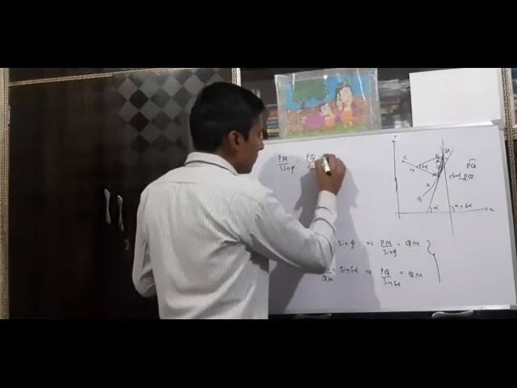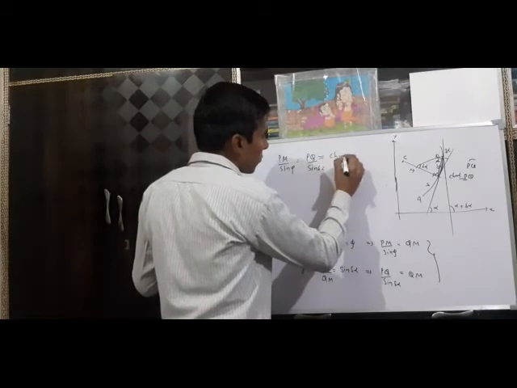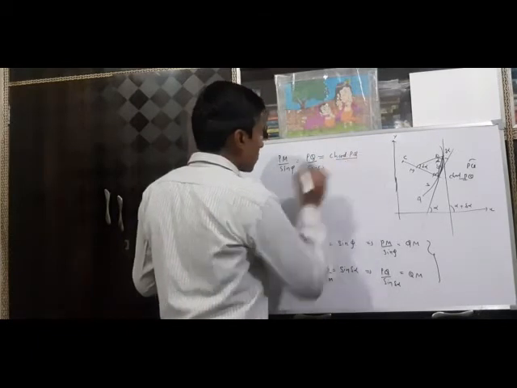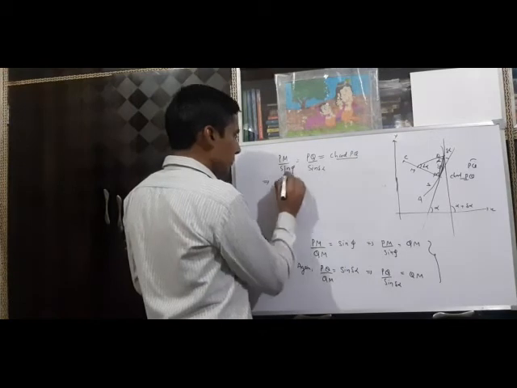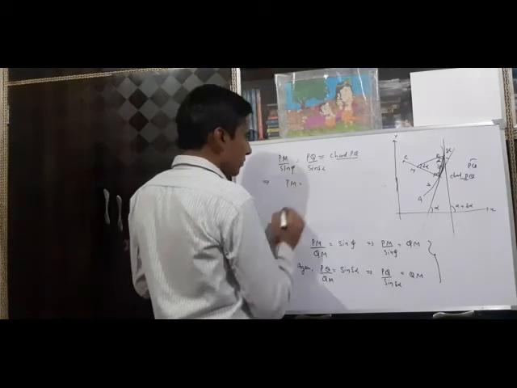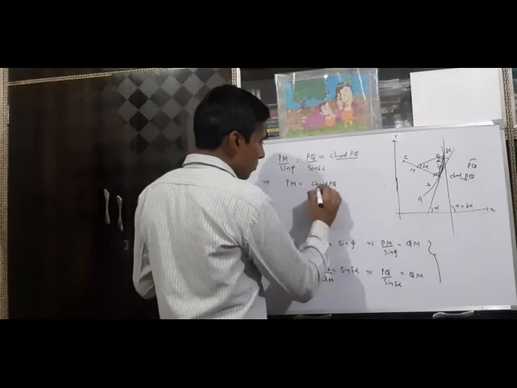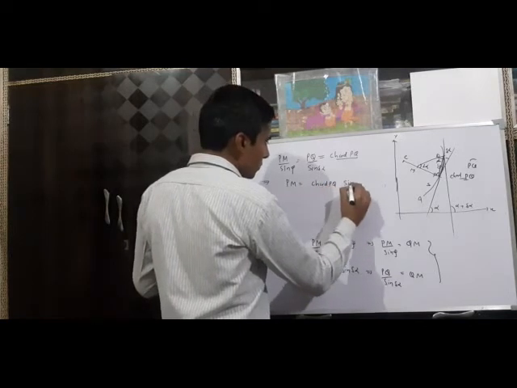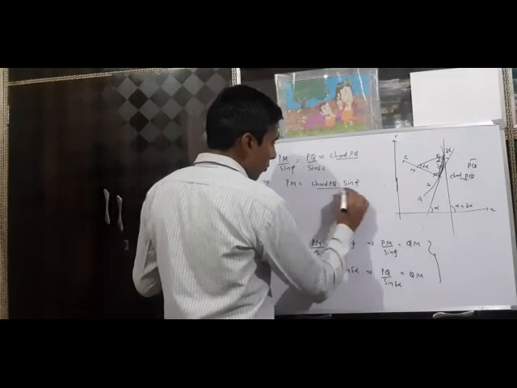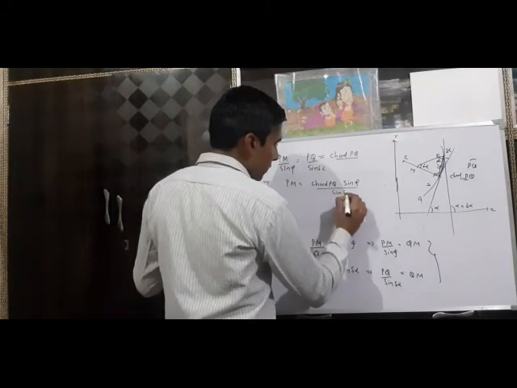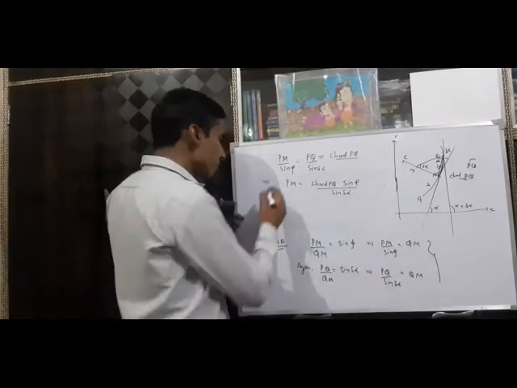Here PQ means chord PQ. So this can be written as PM is chord PQ into sine phi upon sine delta alpha.